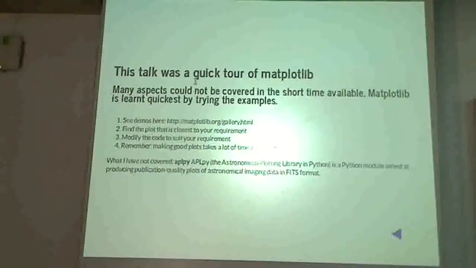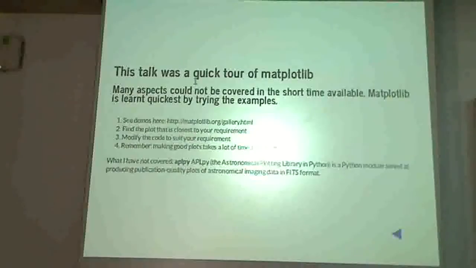This functionality is mostly in the area of showing images. Suppose you have images and you then want to plot right ascension, declination, grid on top, or want to put insets of one image and another image on top, etc.